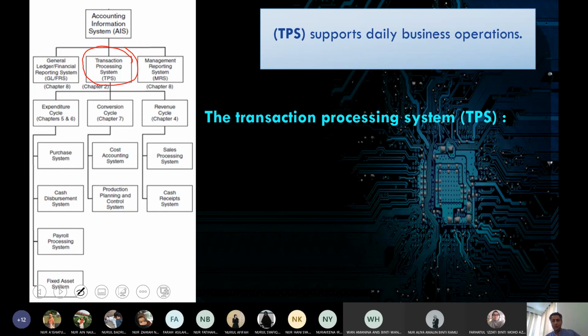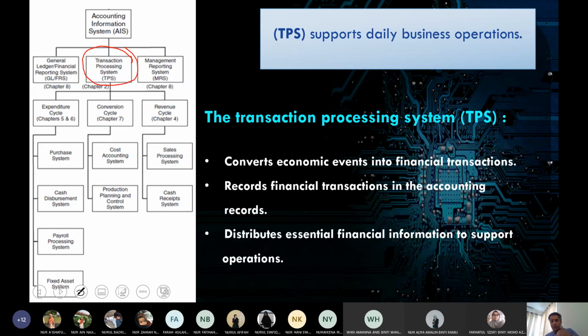The transaction processing system, TPS, first converts economic events into financial transactions. So if we, let's say, receive cash from the customer, or we pay on credit, we need to transform these economic events into financial transactions to be recorded in the accounting system according to the accounting standards, the double entry, the nature of the accounts, debit and credit, and so on.